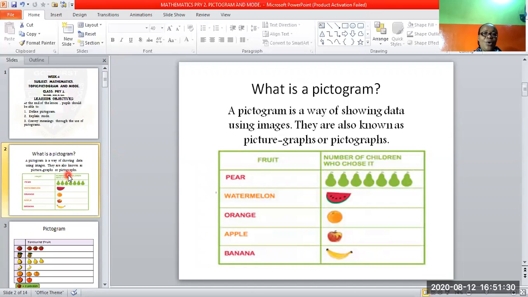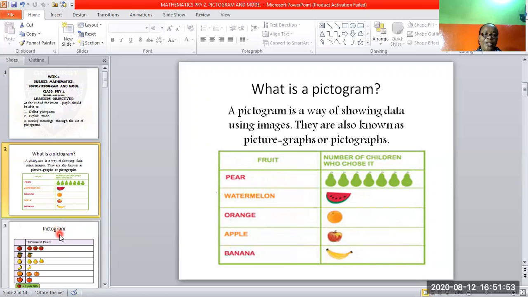Now we have said, what is a pictogram? A pictogram is a way of showing data using images, just like we can see here: pear, watermelon, orange, apple, and banana.